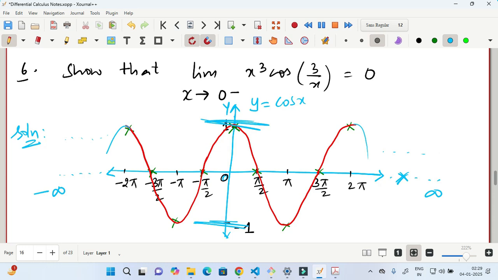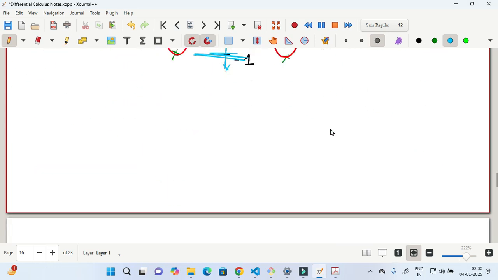So if we are inputting the values from x equals minus infinity to plus infinity, the value should be between minus 1 and 1. We can clearly say that the value of cos x will always lie between minus 1 and 1. I'll be writing this conclusion.